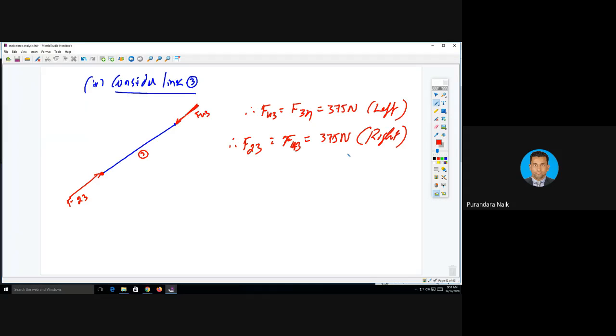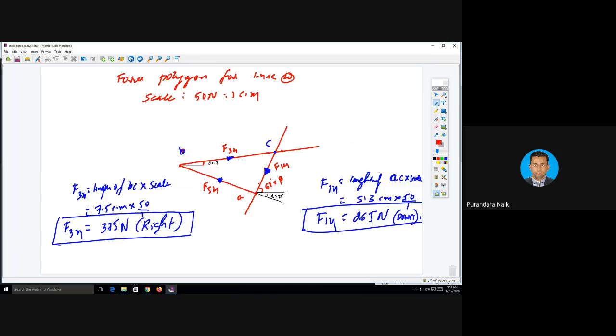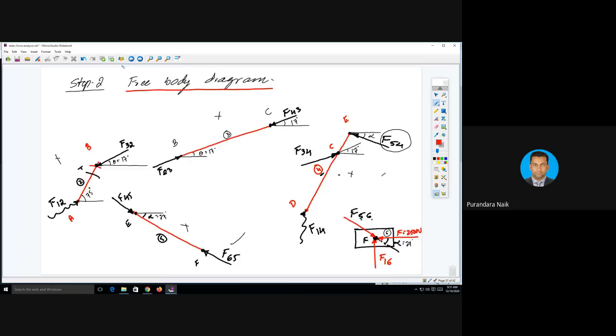Next, consider link 2. You need to draw with actual scale here. Link 2 is at 75 degree. What is the length of link 2?